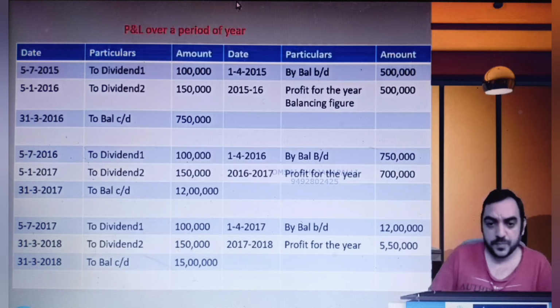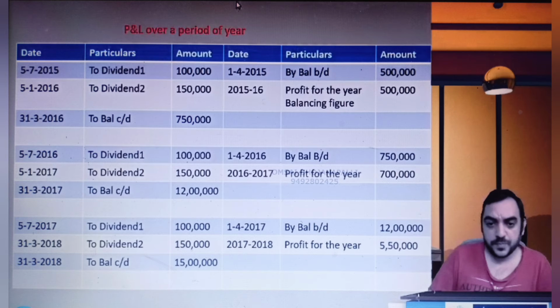So December 15th means 15 days in December, 5 days in January. So 5th of January 2016, paid 15 days later, dividend 2. How much paid? 15%. 15% on 10 lakh means 1,50,000.